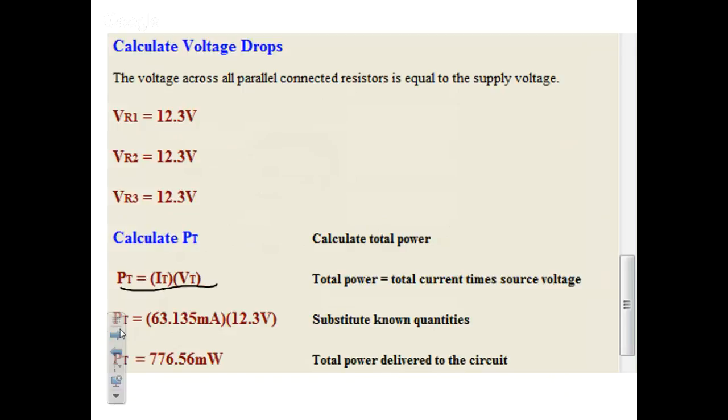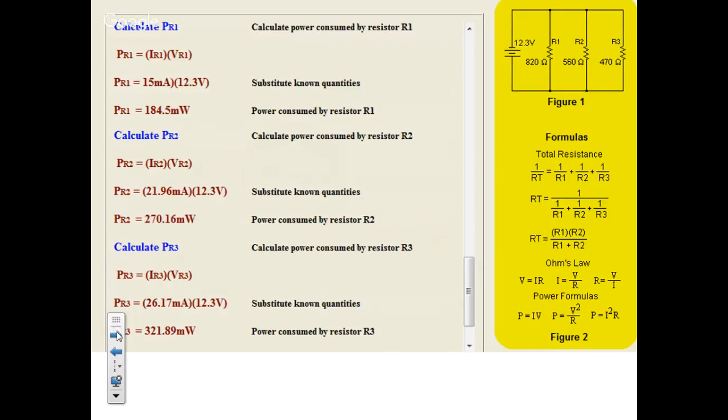Now, in order to calculate the individual power requirements across each resistor, simply substitute the individual current, IR1. Over here, IR1 would equal the current across this 820 ohm resistor.